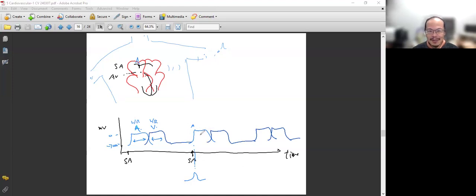But about 0.2 seconds later, you have a repolarization. And this time you have a stronger one coming because you have the ventricle. Ventricle is about 5 times the size of the atrium. So now in the atrium, you have a million cells generating that depolarization.